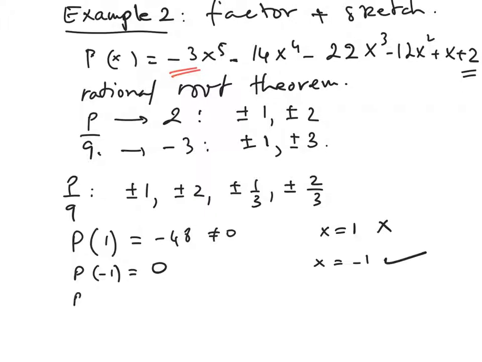We go to p of 2, p of 2 is not equal to 0 after calculation, so x equal to 2 is not a 0. P of minus 2 gives 0 after calculation, so x equal to negative 2 is another 0. We have 2 so far. P of negative 1 over 3 is not equal to 0, so x equal to negative 1 over 3 is not a 0.